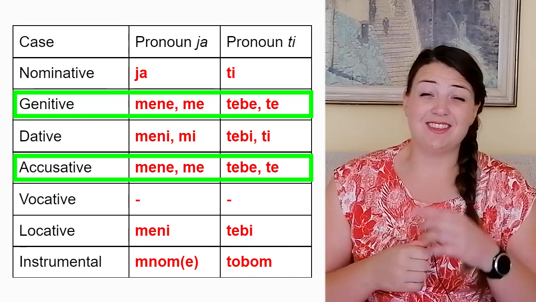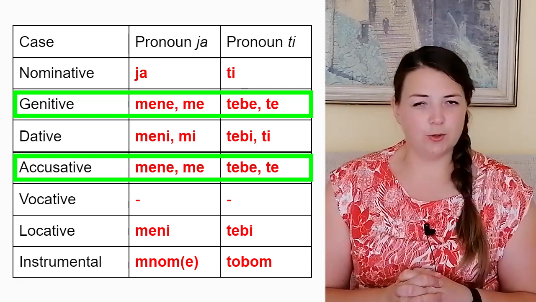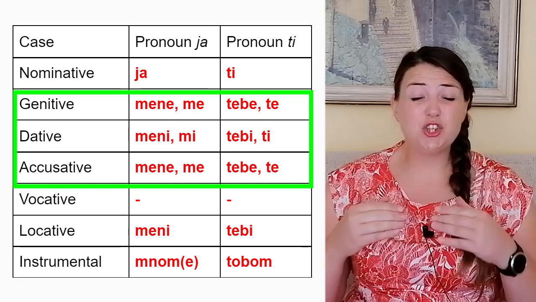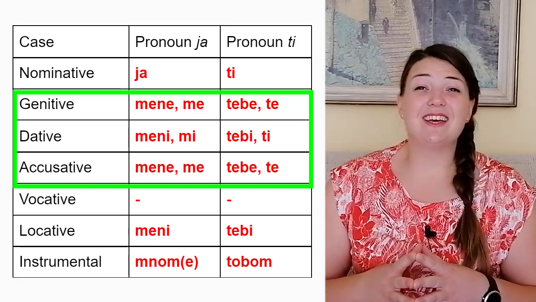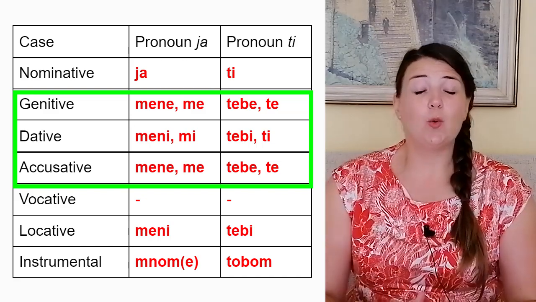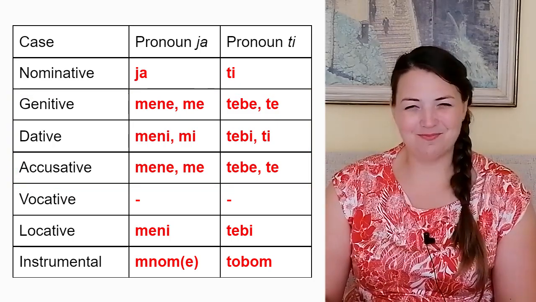If you look at the genitive and accusative, the form is the same, correct? Also, you may notice that the genitive, dative, and accusative have 2 pronouns written. They are the same pronoun, only one is longer and one is shorter. And I will explain when to use each one. And yes, you have to know both.